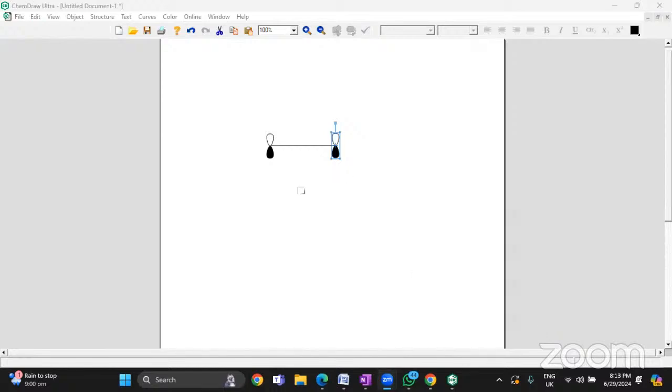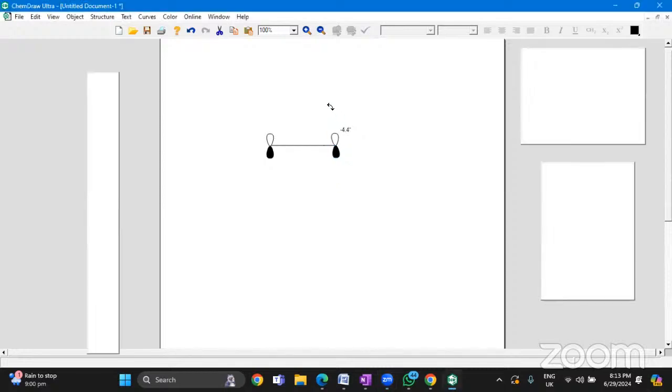Two orbitals are appearing to you. Now I am rotating the carbon.